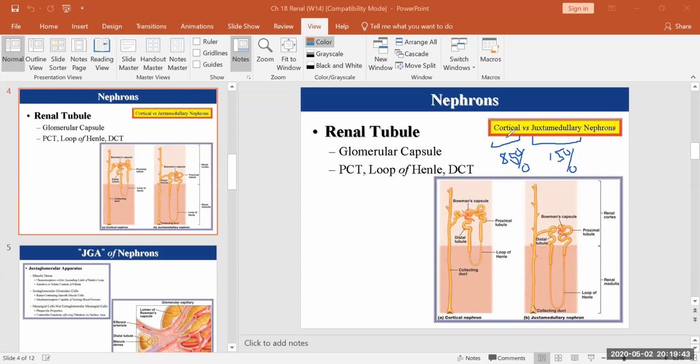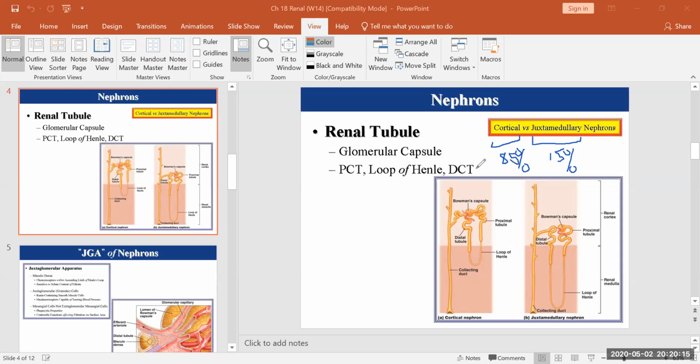Almost the entire structure of the cortical nephron is located in the renal cortex, the superficial layer in the kidney. The juxtamedullary nephron is actually located at the boundary between the renal cortex and the renal medulla. So that's the first difference between the two in terms of anatomical location.